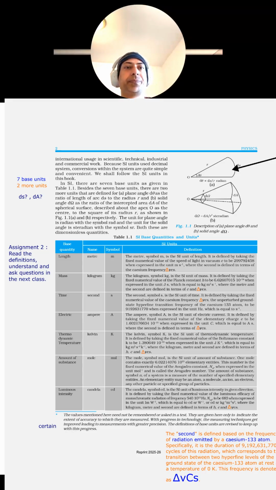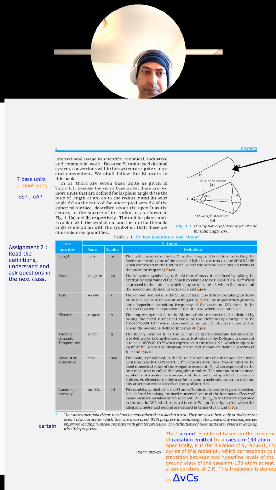Okay. So besides the seven base units, there are two more units that are defined, for plane angle. So there are a total of seven units to describe the measurement of these scientific, technical, industrial, commercial work. To describe all this work there are only seven units. But except these seven units, there are two more units which can be defined: first, plane angle d theta.